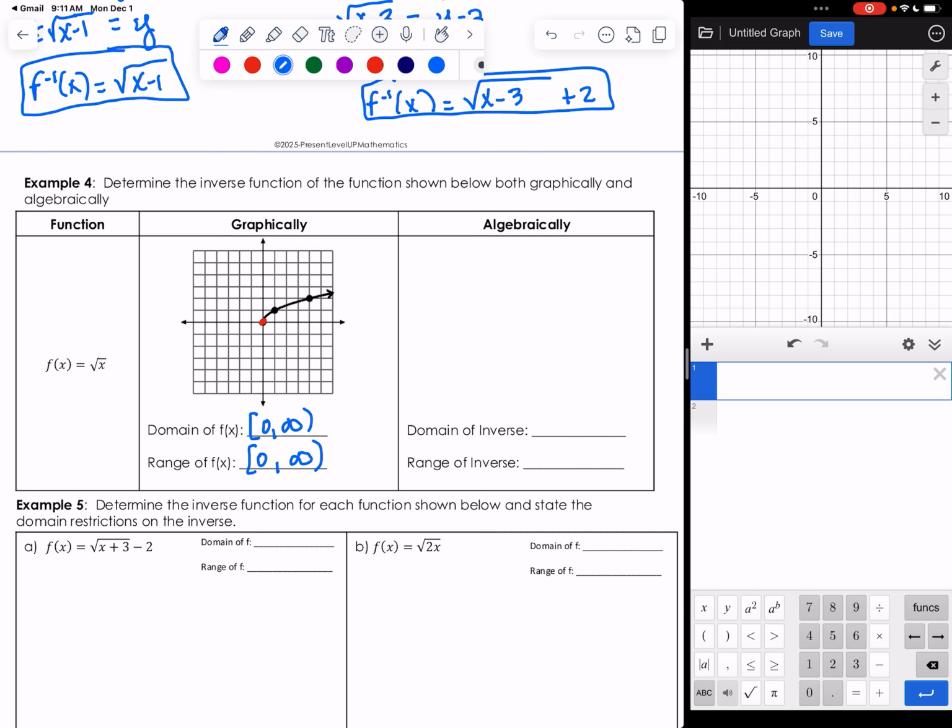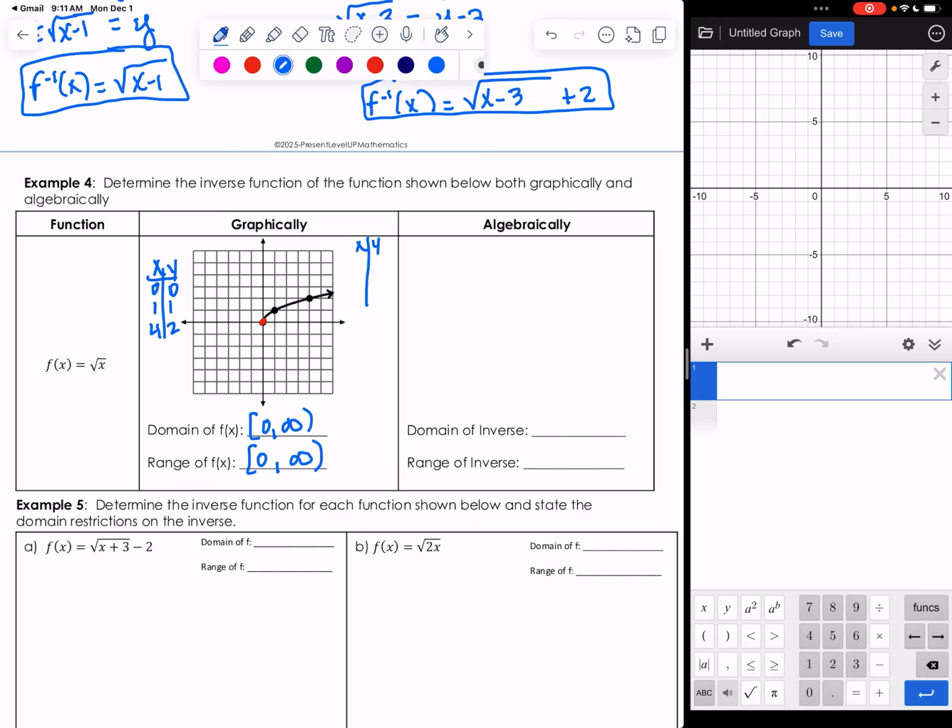Now, if I were to find the inverse of this function graphically, what I would want to do is write down these 3 points from the original, which were what? (0, 0), (1, 1), and (4, 2). And I want to switch the x and y.